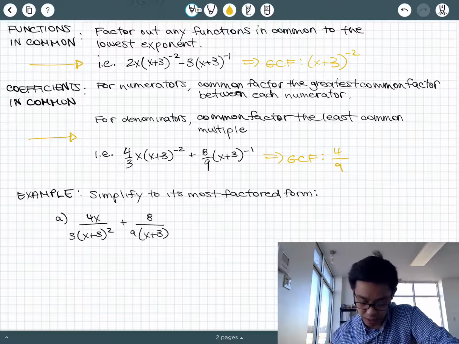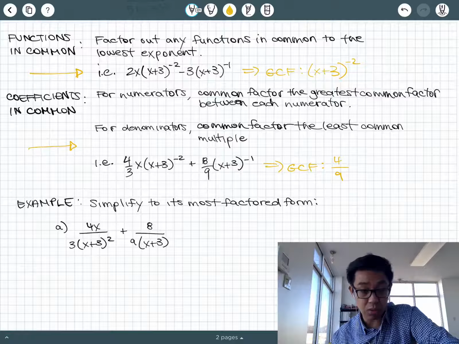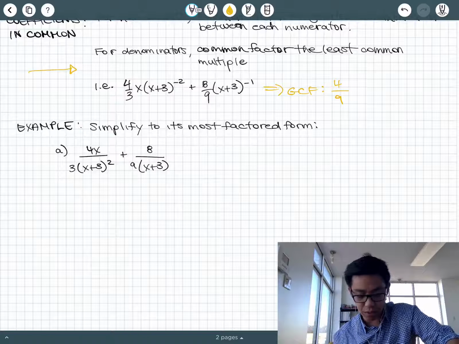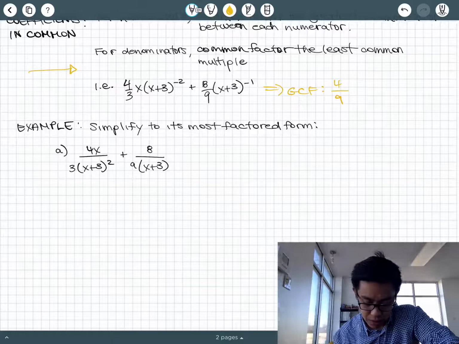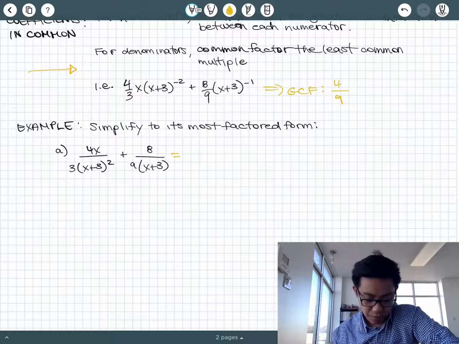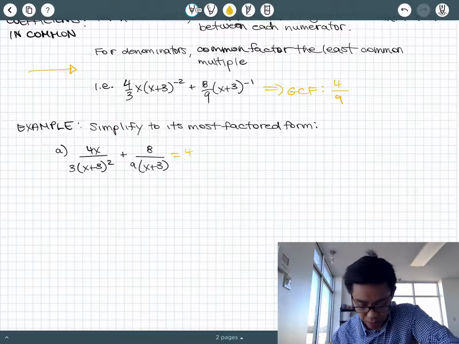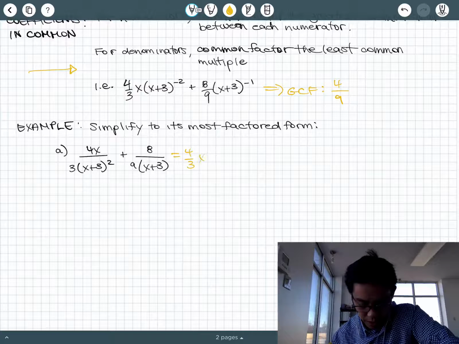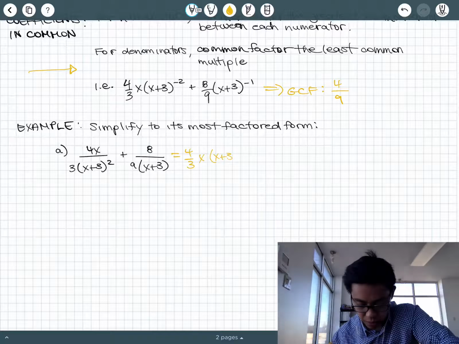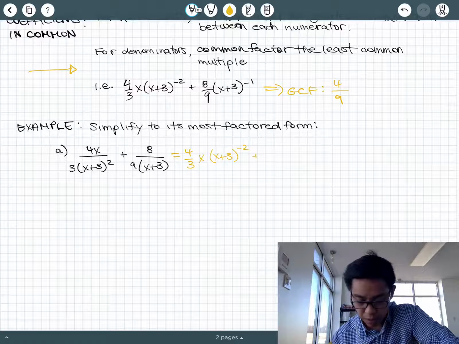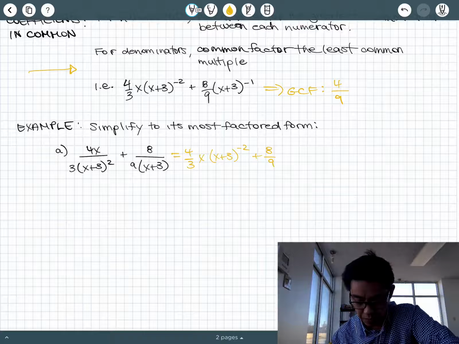So now let's put all three of those ideas together in order to common factor this, or to get its most factored form. So we have this expression. The first thing we should do is set ourselves up. So it's got to be 4/3 x plus 3 to the negative 2, and then plus 8/9 x plus 3 to the negative 1.